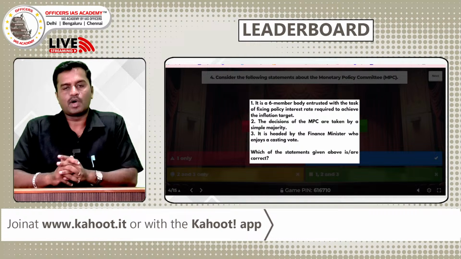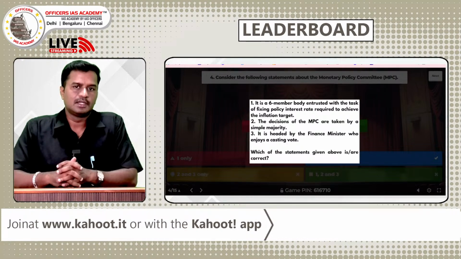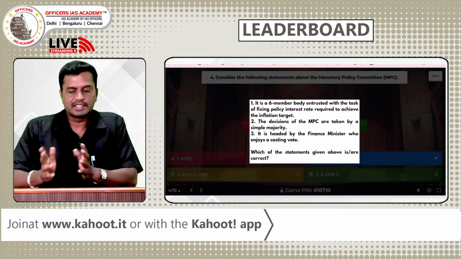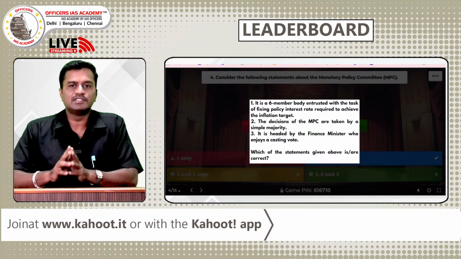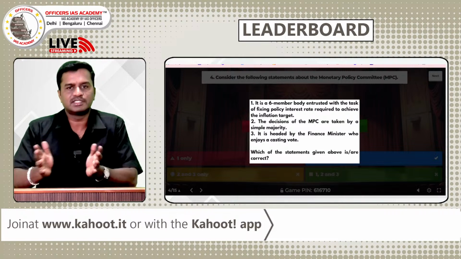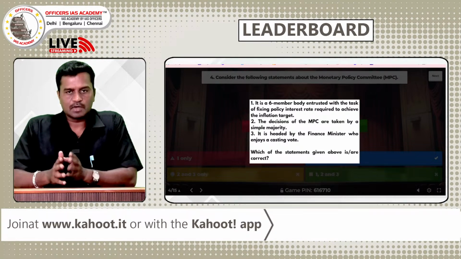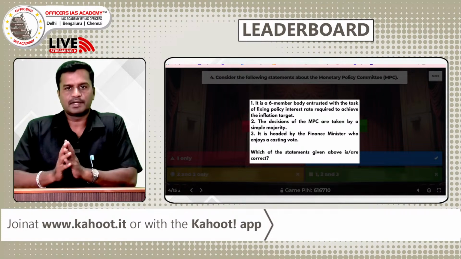Now you may wonder why a separate committee is needed when other countries are giving the job to the central bank. Makes sense. In fact, RBI, the Central Bank of India, plays a major role within the Monetary Policy Committee, MPC. Within MPC, we have members of RBI as well as members of government.